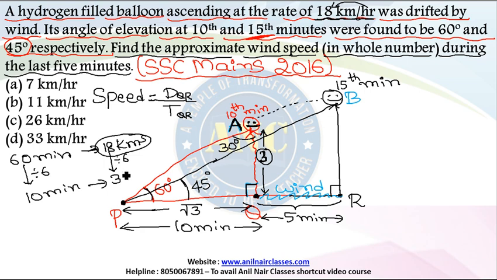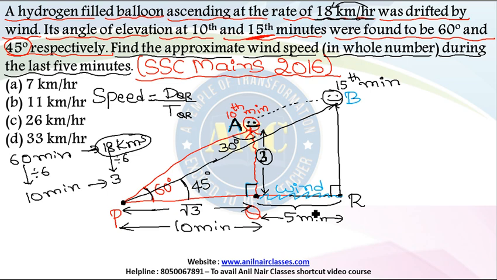So 18 should become 3 divided by 6, and 60 by 6 is 10. So the time taken for the balloon to travel from P to A is 10 minutes. From A to B, the time taken is 5 minutes. I hope this particular part is very clear for you people.